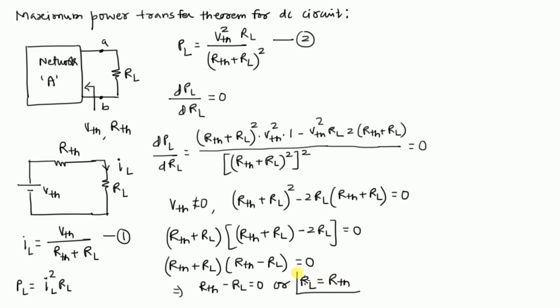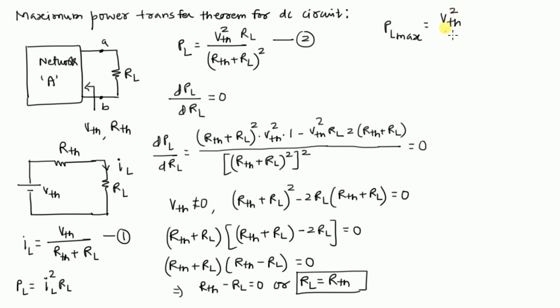So the power absorbed by this load resistance is maximum when the value of load resistance is equal to the Thevenin resistance across RL. Now what should be the maximum power absorbed by this load resistance? So we will substitute the value of RL here and here.